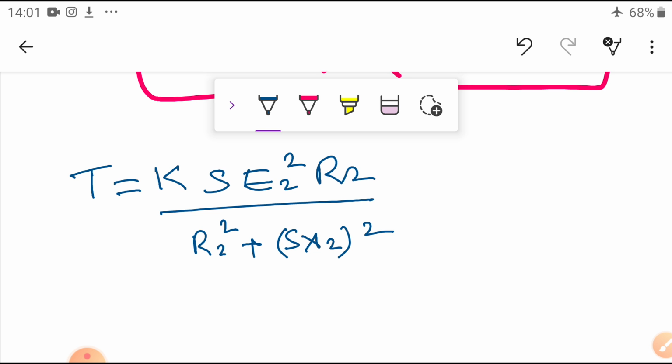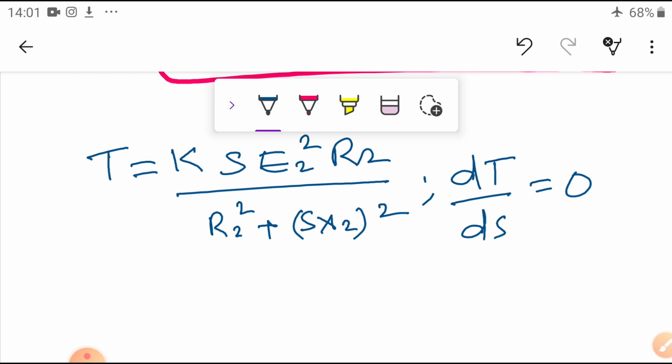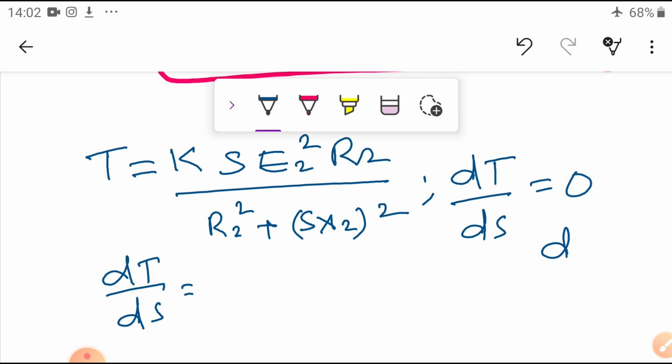So I want to do dT by dS equal to 0. I am going to differentiate this. Just like the u by v equation, you know that u and v differentiation.